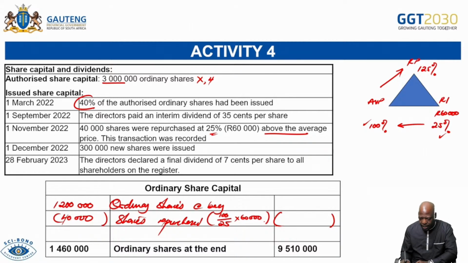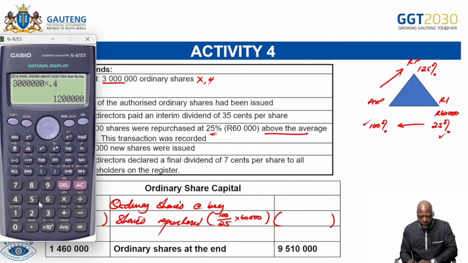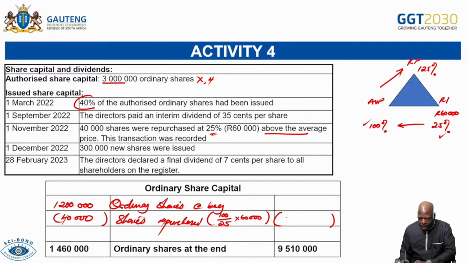So I can close my bracket here, there. And I now say, what is it that I want? I want 100, which is my average. What is it that I have? I have 25. And then I'm going to multiply that by my 60,000. And that's going to give me 240,000. So I'm coming here and I get my 240,000 there like that. We good?